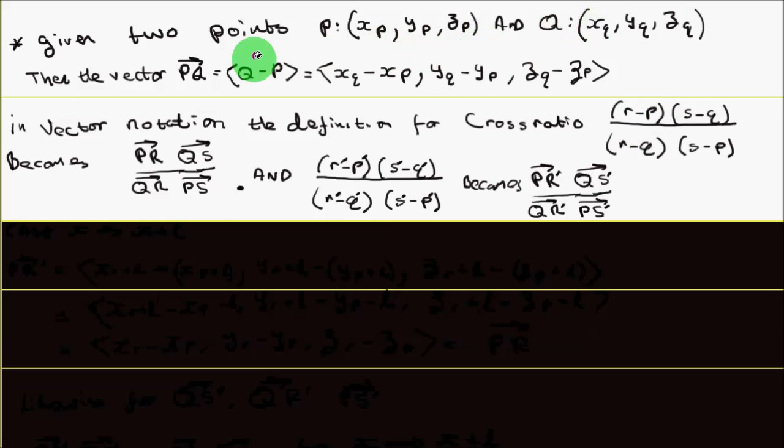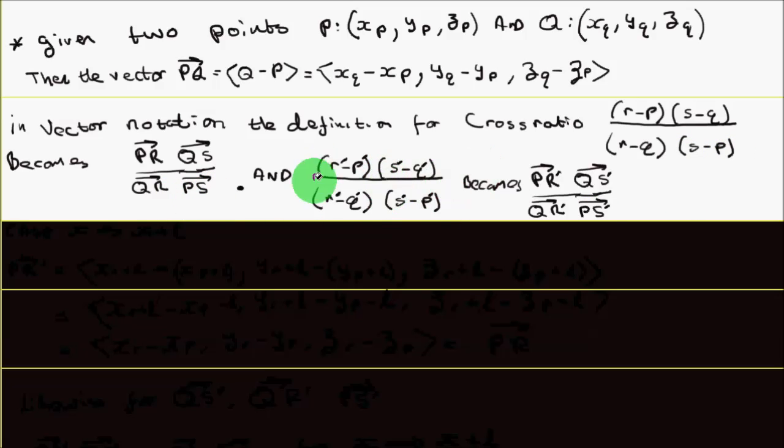And from what we've illustrated here, the point r minus point p is the vector p to r. Likewise, the point s minus the point q forms the vector q to s. The point r minus the point q forms the vector q to r. And the point s minus the point p forms the vector p to s.